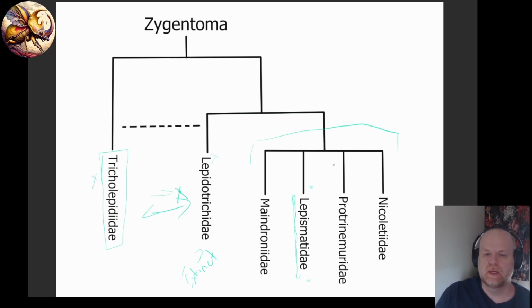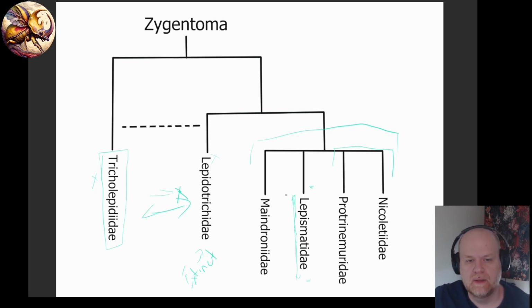It is likely that the Nicoletidae and the Protrinemorids are closely related, and I'm not entirely sure how the Lepismatids and the Maindroniids fall out. So I just clumped them all together because I don't know what the latest cladogram looks like.